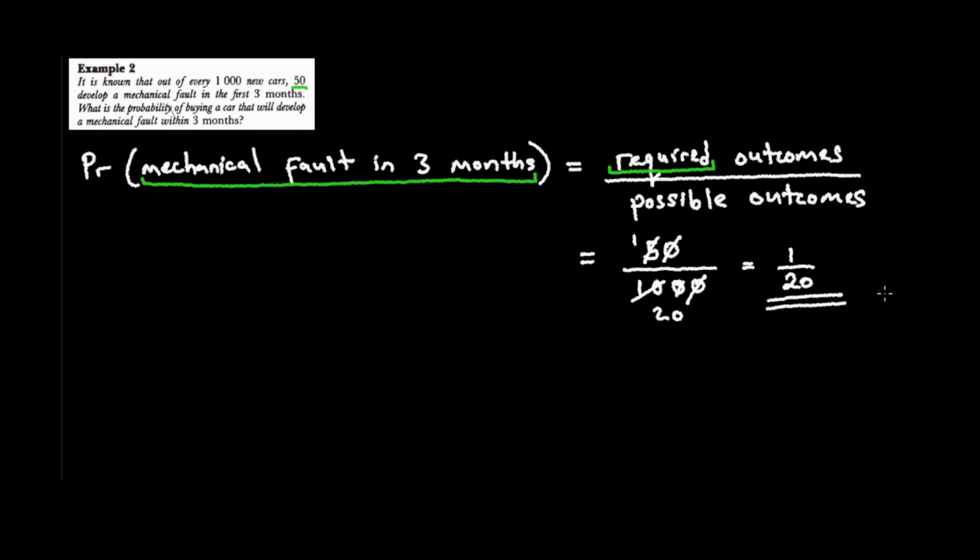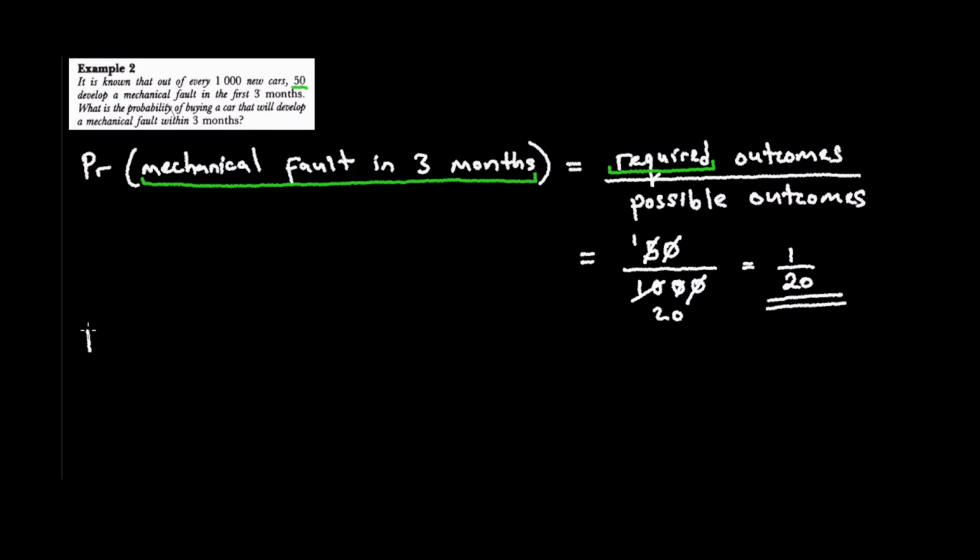Any questions? Did you understand how we got to our answer? Let's go to the next one. Before we go to the next one, I want you to understand that if our question had said, what is the probability of buying a car that will not develop a mechanical fault within 3 months?